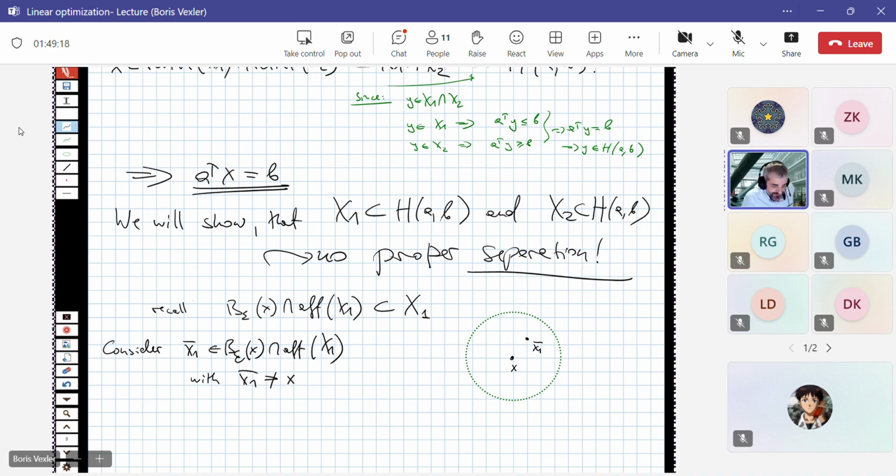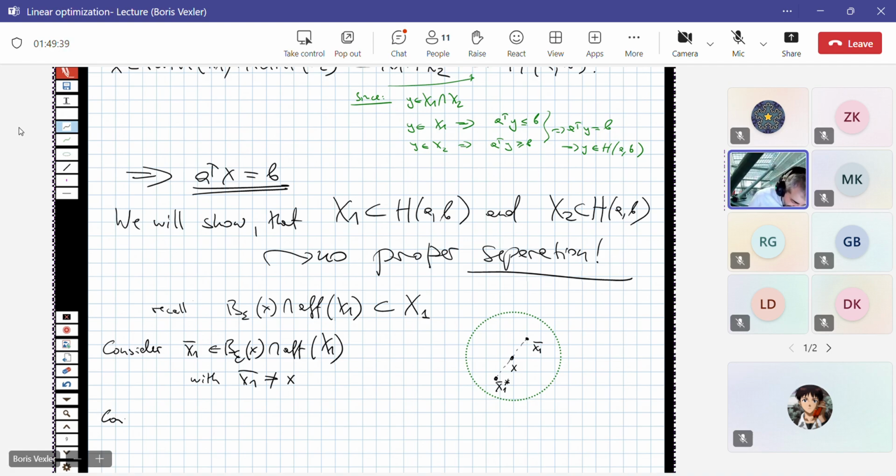And we consider now another point. We just consider it on another side here of x. We consider a point here, x1 bar star. How to define it?